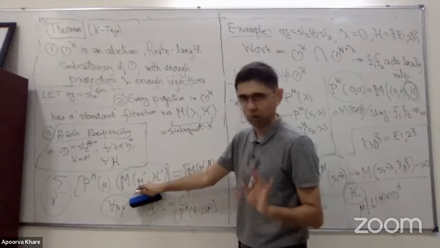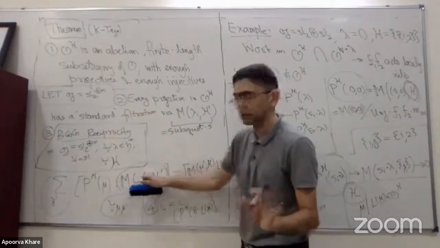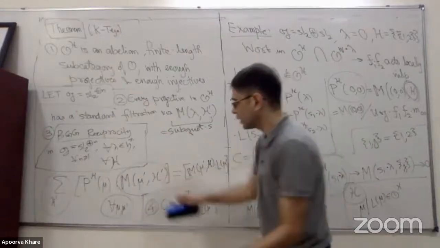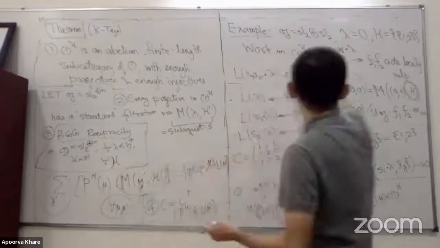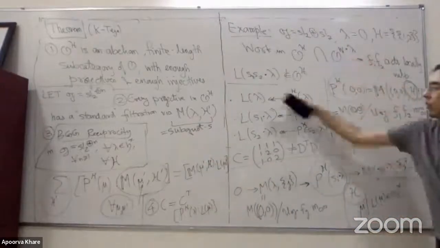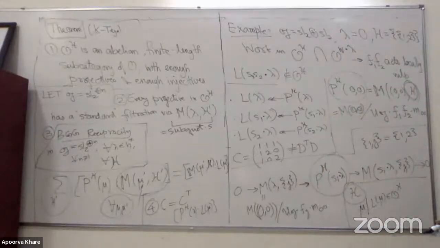This is the highest weight module, and this is the abelian category. So first of all, there is a constraint on which mu primes occur in any filtration. For example, this only has 3, not all the 4 objects in the usual block of the category. So that is the first point.